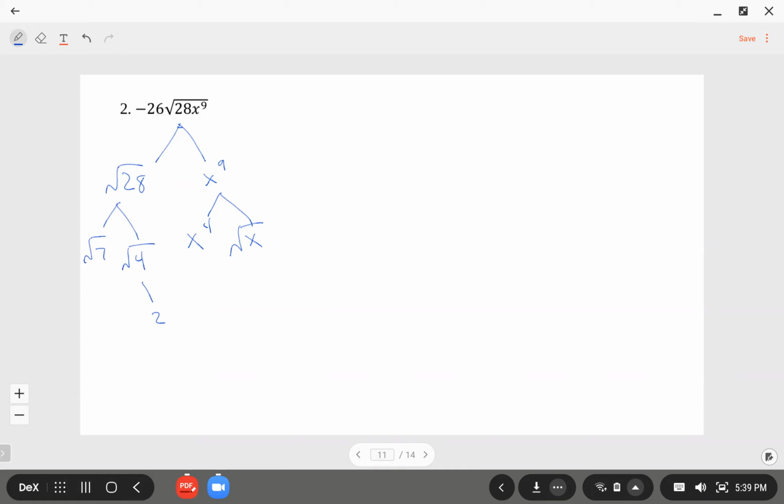See here, we have these two are not radicals. So what we do here is multiply them outside the square root. And then what's inside will be this. Okay, that will be our answer.